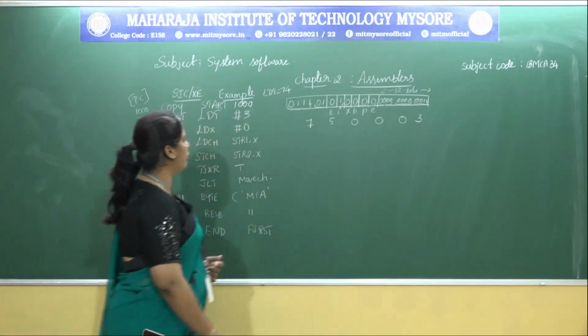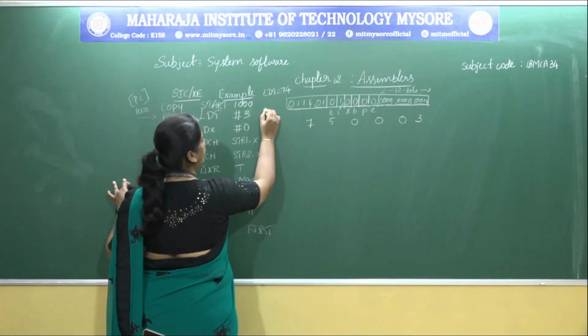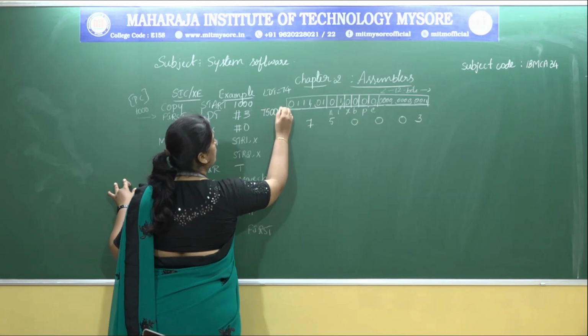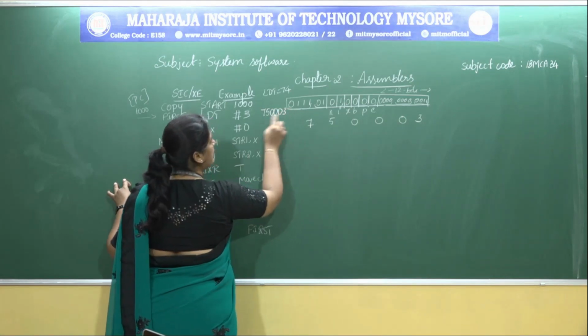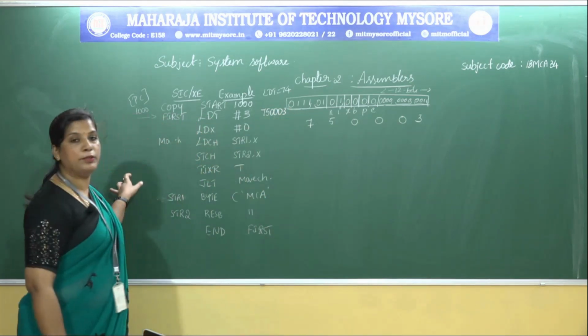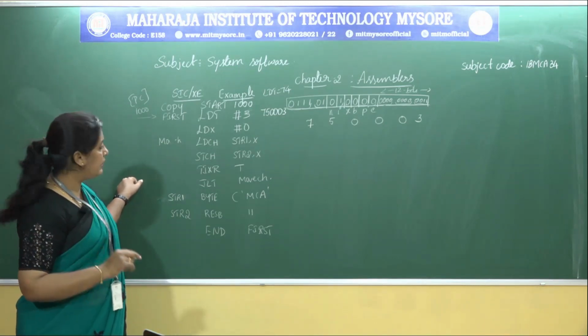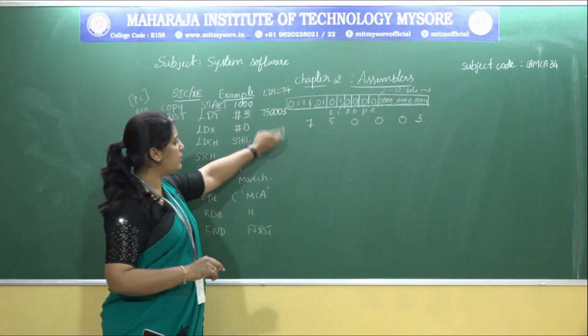So this is the object code for the first instruction. What is the object code for that instruction? 7, 5, 0, 0, 0, 3. Since it is format 3, the object code length is 3 bytes. 6 hexadecimal digits is 3 bytes. So this is for the first instruction.